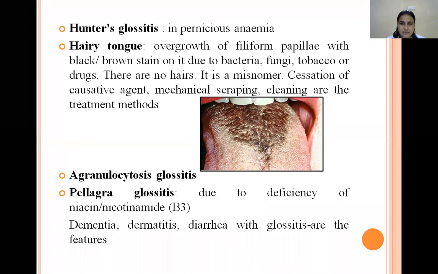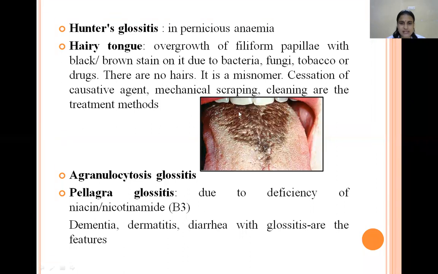Hunter's glossitis is seen in pernicious anemia. Hairy tongue is nothing but just an overgrowth of filiform papillae with deposition of black or brownish stains on it, secondarily bacterial or fungal and tobacco staining. This is not actually the presence of hairs per se. It is a misnomer.